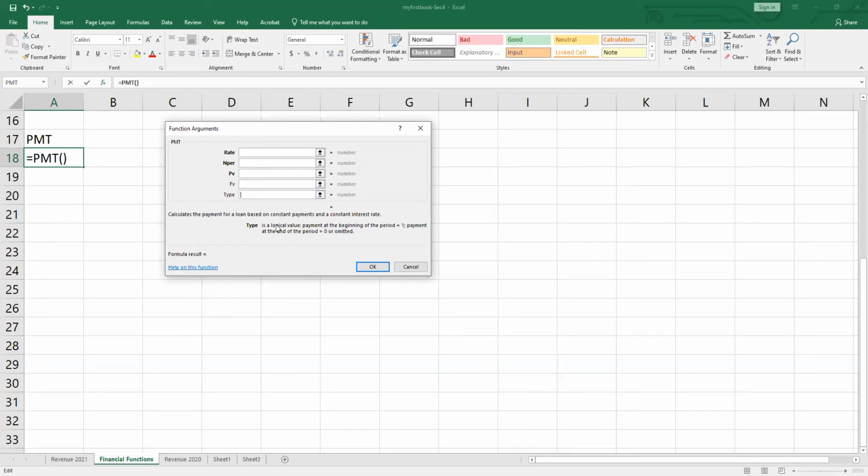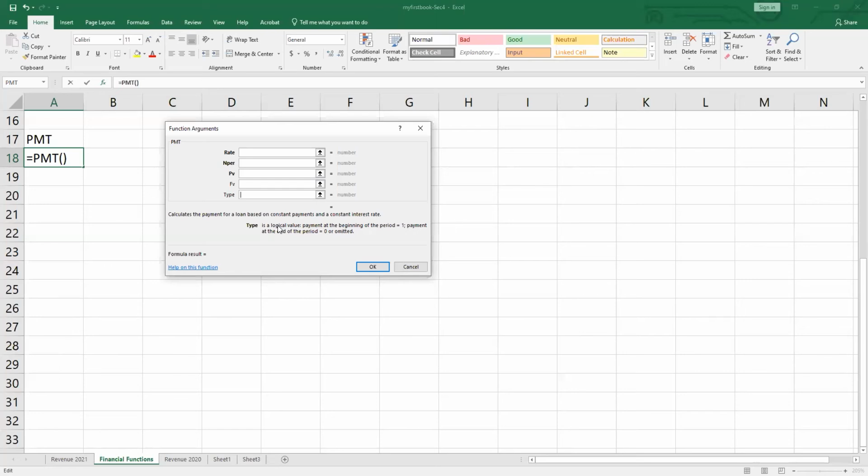Now let's understand the meaning of this explanation a bit. Type is a logical value. A logical value is the value that we use for comparison. It is not like numbers such as 5, 6, 7, 8 or 1000. A logical value is true or false, yes or no. It tells the logic.